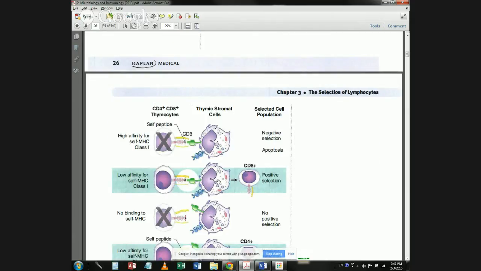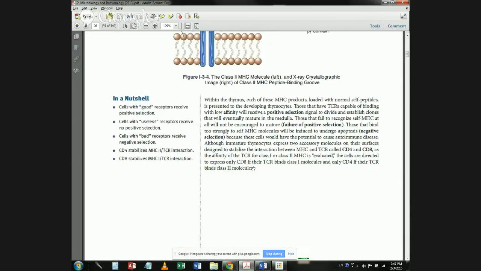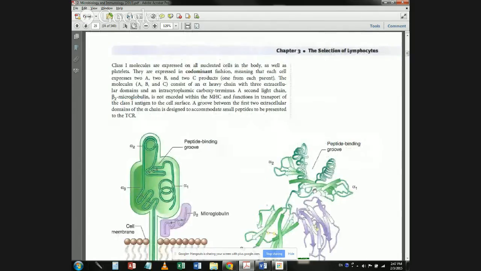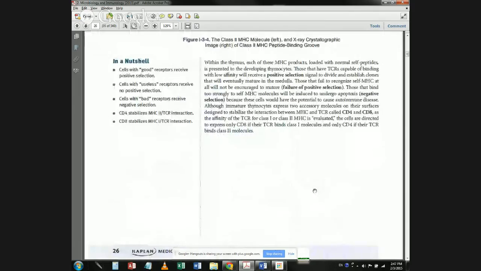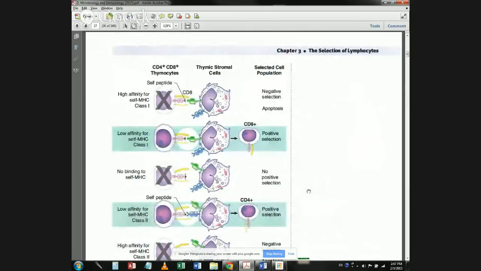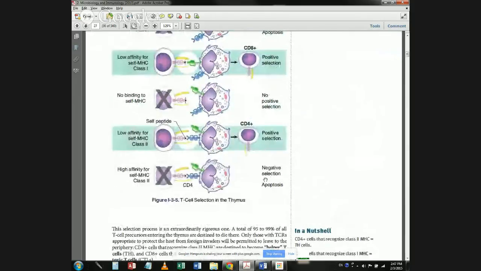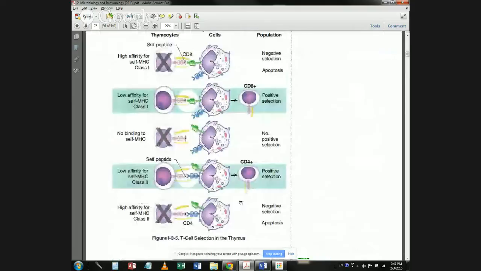Okay, here we are. Here we have another diagram: T cell selection in the thymus. This should be a nice review.